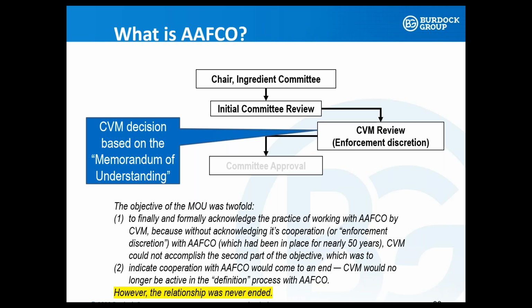So CVM is technically part of this and technically providing feedback. And a note on how that works is they're using a concept called enforcement discretion. Basically, the agency, FDA, is supposed to be enforcing the law, which is basically saying FAP or GRAS only, right?